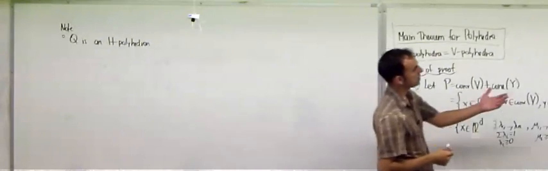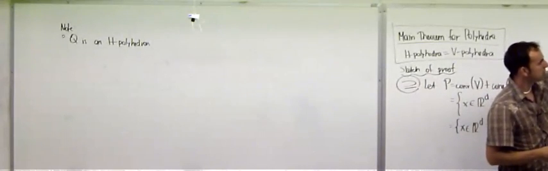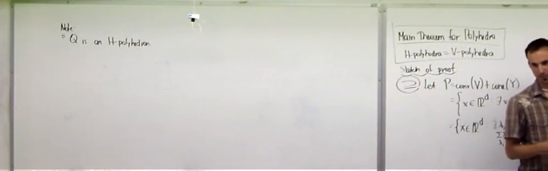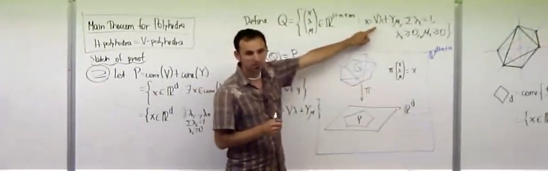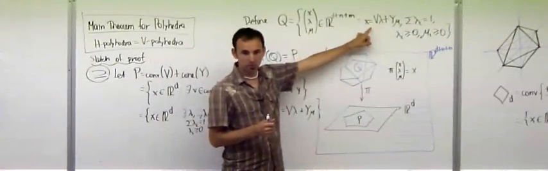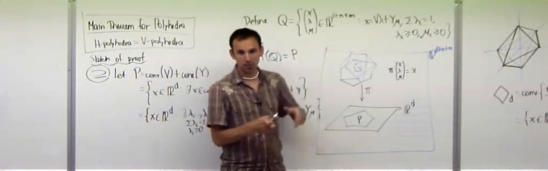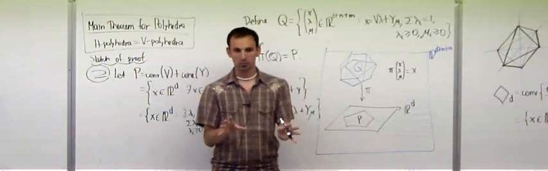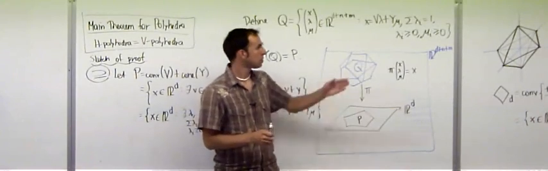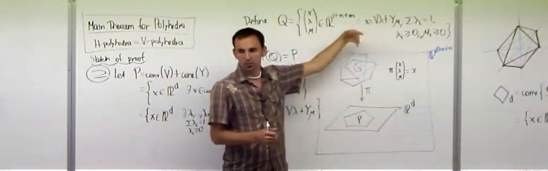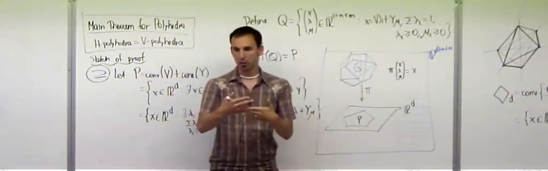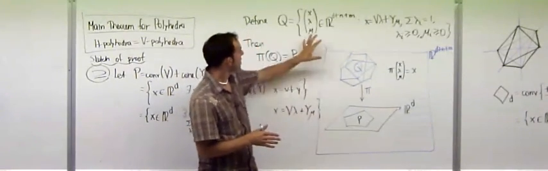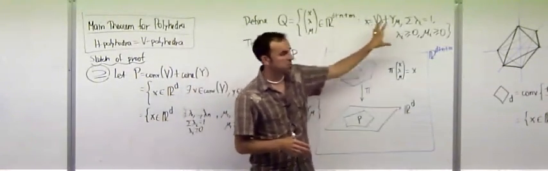Because it's the set of points satisfying some inequalities. Whenever you have a linear equation, you can think of it as an inequality. If A is equal to B, you can think of it as A bigger than or equal to B, A less than or equal to B. So you can think of equalities as just a pair of inequalities. And that means that I'm describing the set Q only in terms of inequalities.